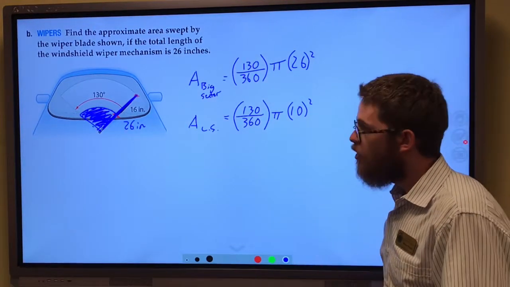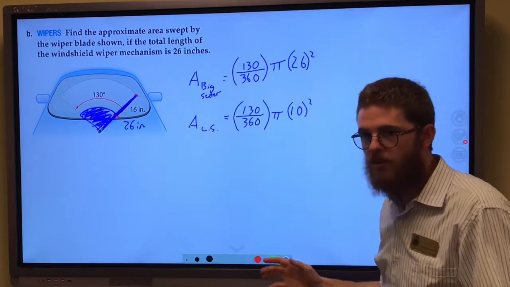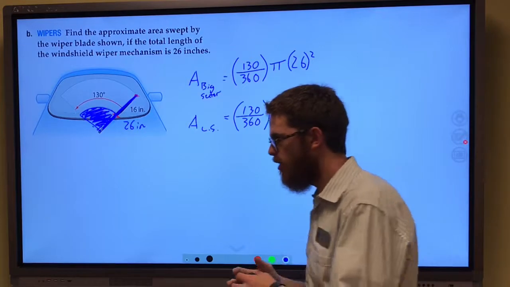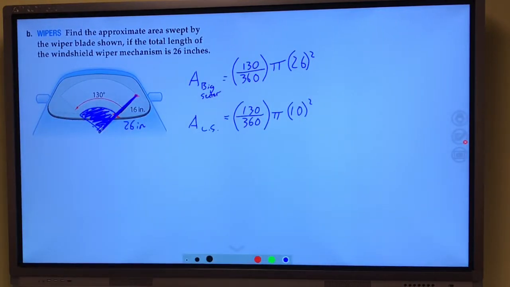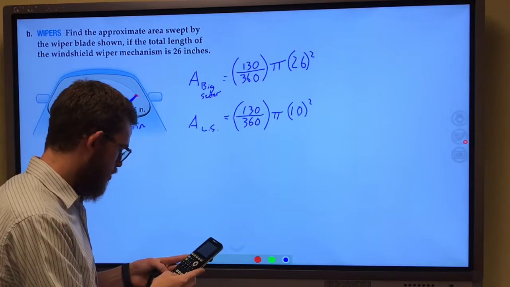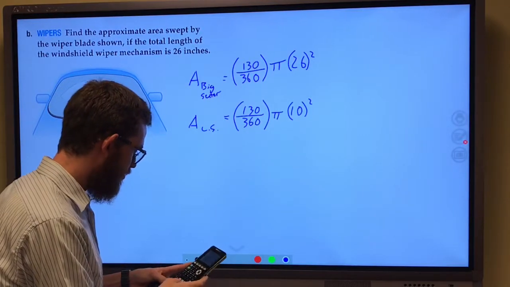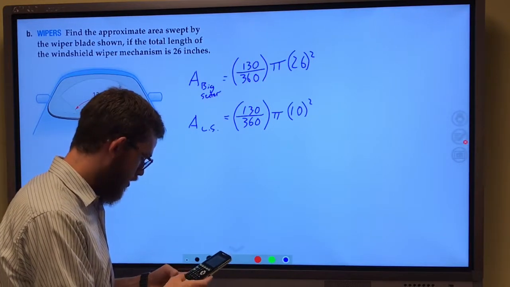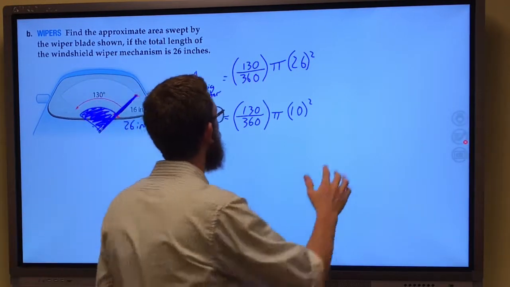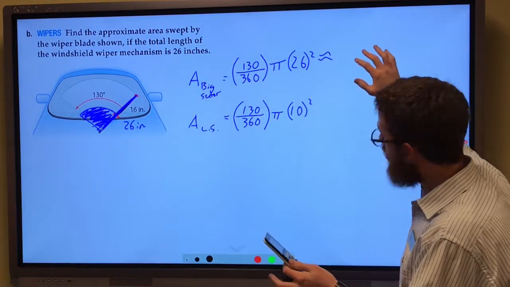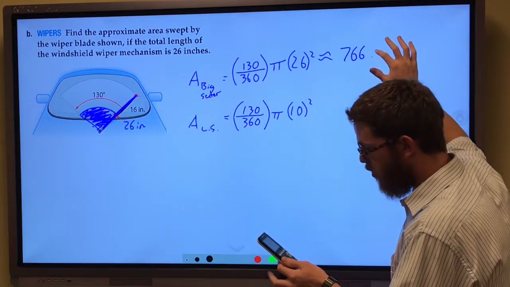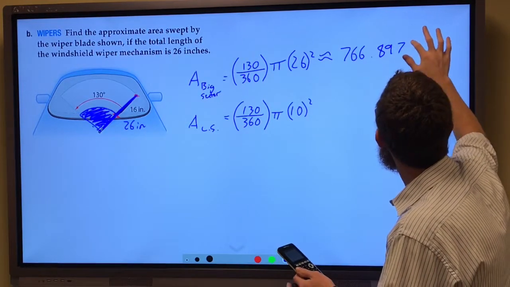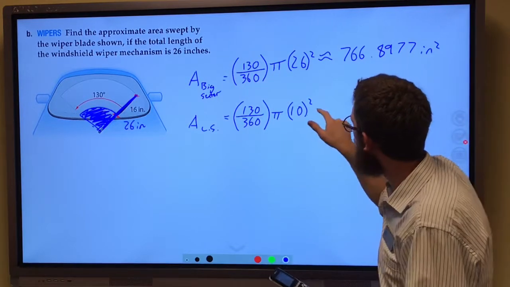So it looks like we're going to be dealing with pi, and I do want to figure out this more approximate area. So I'm going to calculate this up here on the top: 130 out of 360 times pi times 26 squared gives me approximately 766.8977 square inches right here.